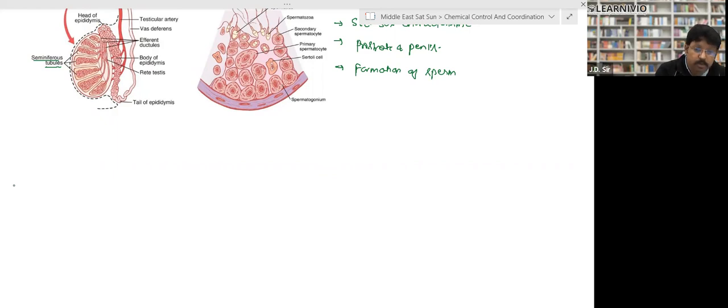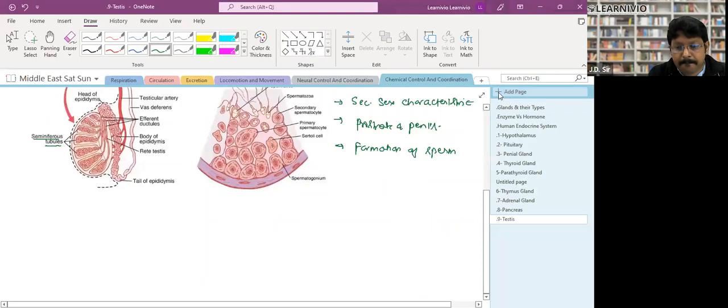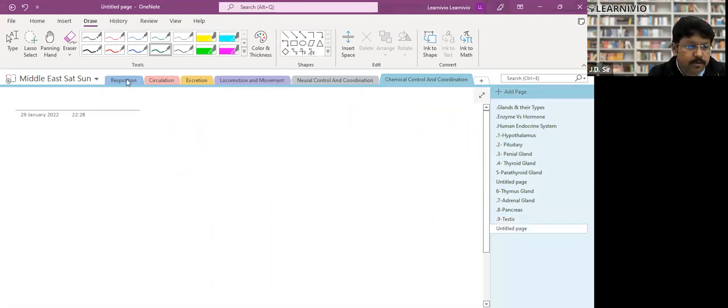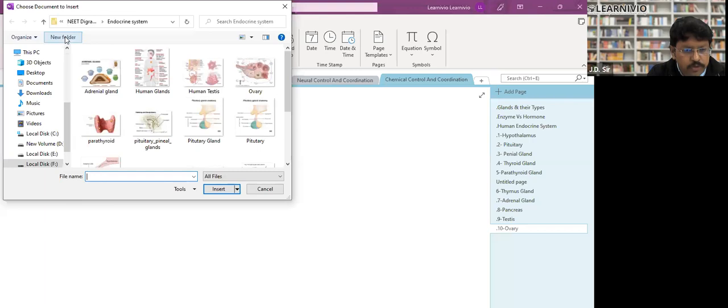So the next gland is the ovary. The tenth gland is the ovary. Now look, the ovary secretes estrogen and progesterone.